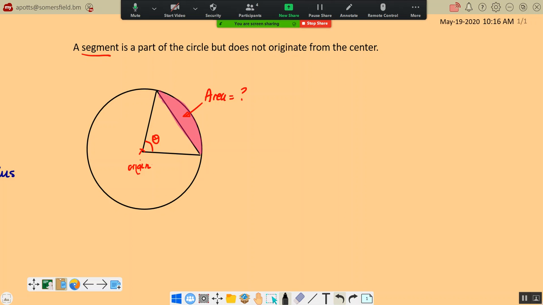What would you do step by step? Would you try to find the triangle? Yeah. Try to find the side. So let's find the area of the triangle.